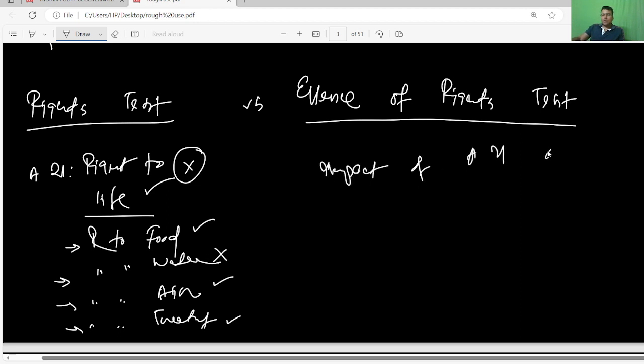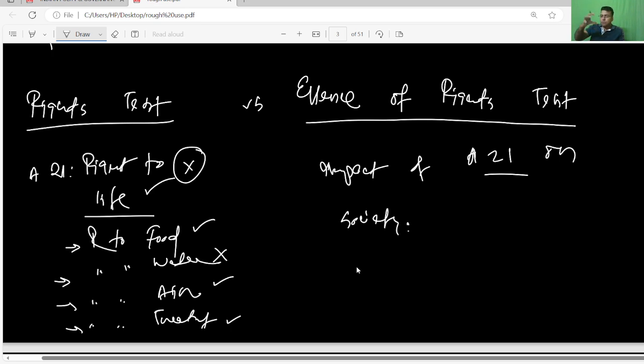the impact of Article 21 on society. I'm giving you an example. Article 21, the impact of the right to life on a society. In society, everyone has a right to live.